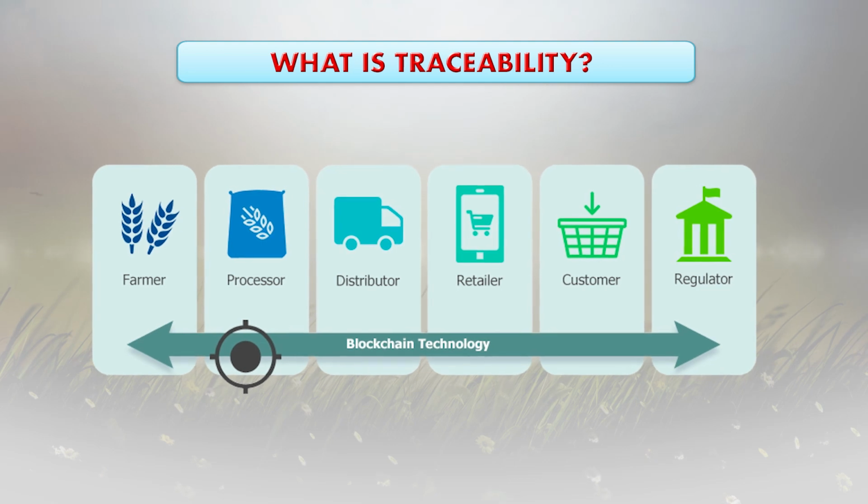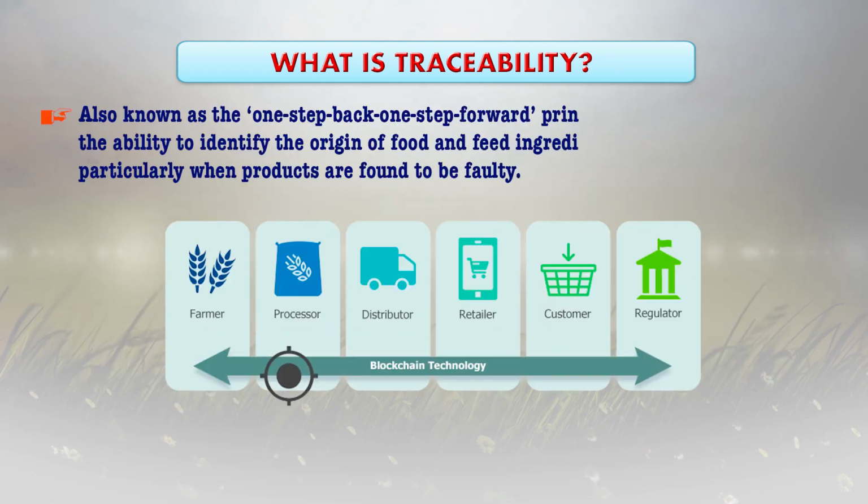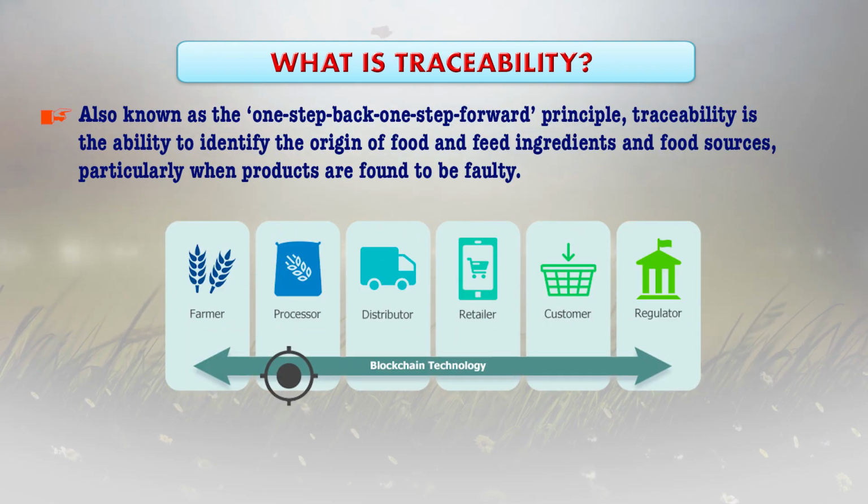So what exactly is the meaning of traceability? Traceability is also sometimes known as the one step back, one step forward principle. That means it is the ability to identify the origin of food and feed ingredients and food sources, particularly for products which are found to be faulty. If anything goes wrong with any food product, then the traceability issue comes into the picture.